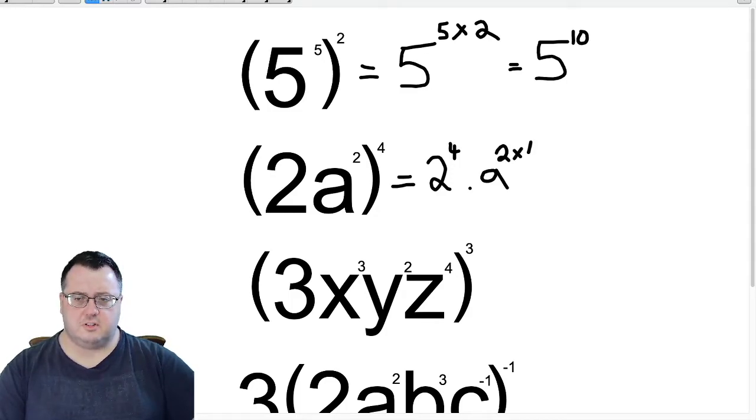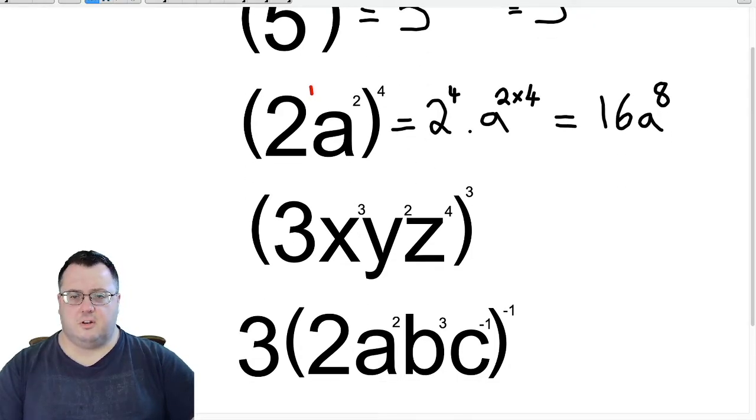So do you see what's going on there? You are still multiplying by the power 4, but you're considering this 2 as if it's just a 2 to the power 1. Okay, and 1 times 4 will give you 4. Working that out now, 2 to the 4 is 16. A to the power 8.